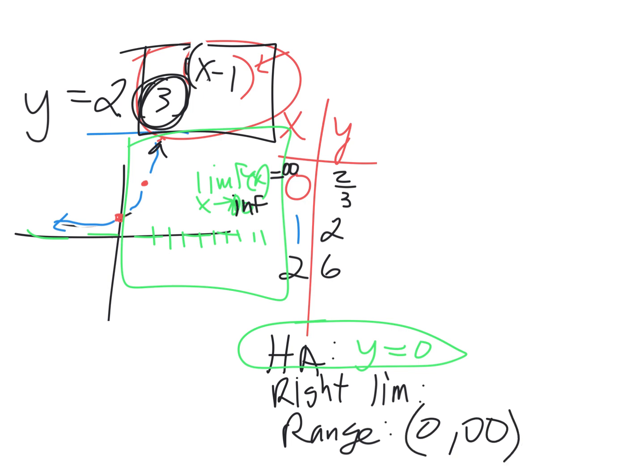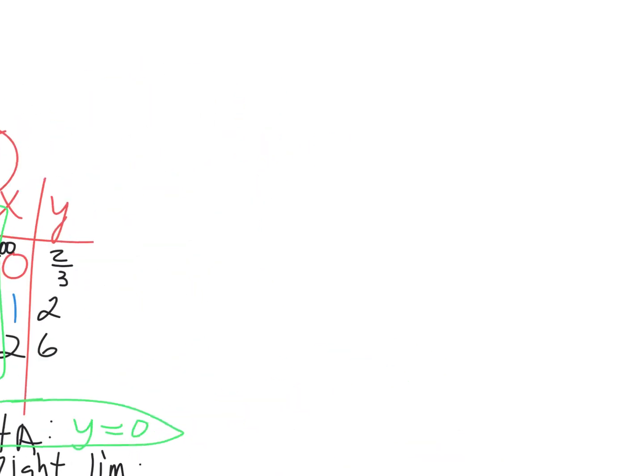There we go. Okay, now act like it's the test, and this is the hardest kind of R3 I could possibly ask you. Y equals 4 times 3 to the negative x.